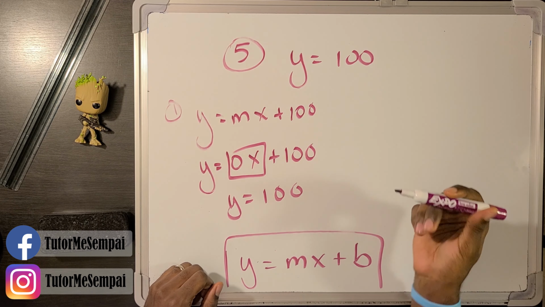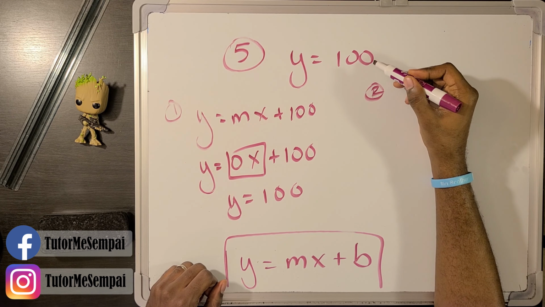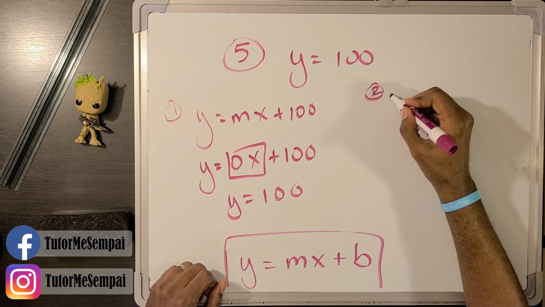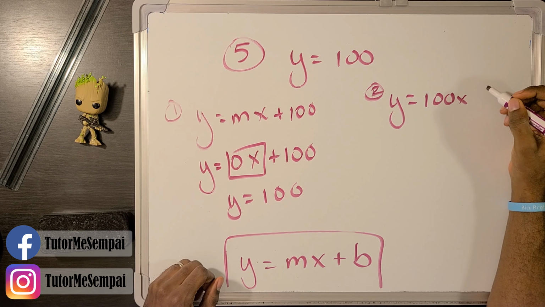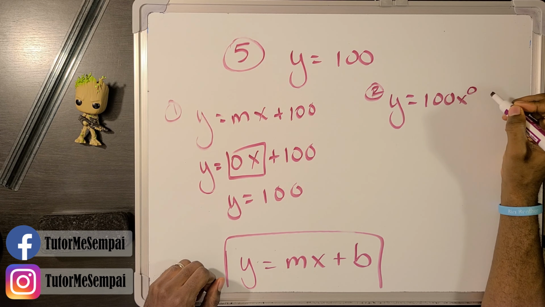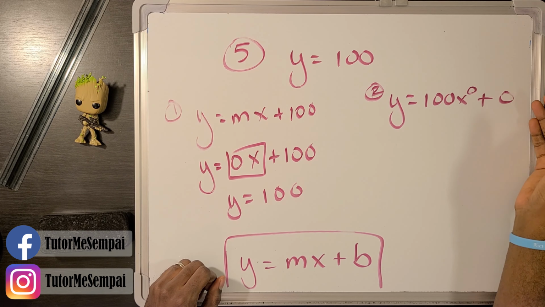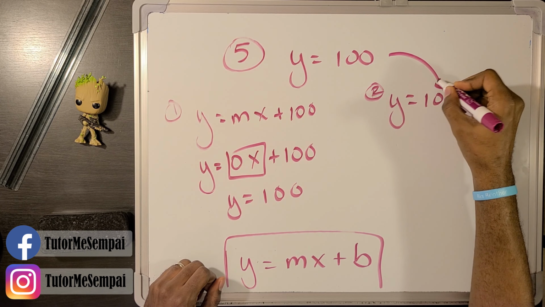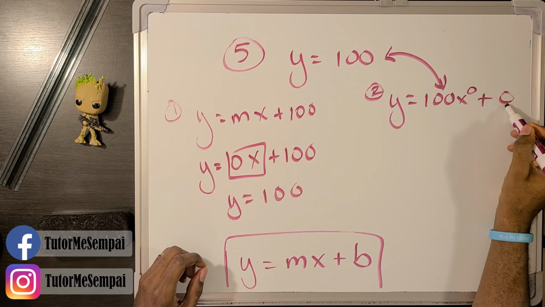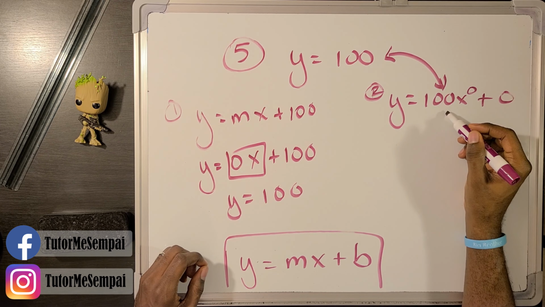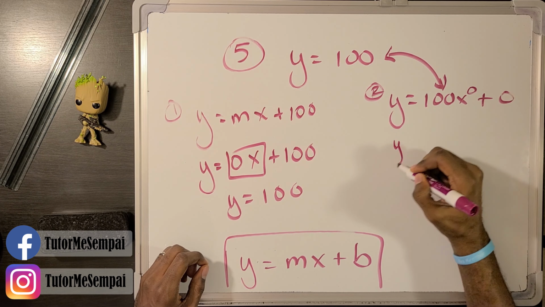However, there's another way we can write this. Let's say instead of having our y-intercept be 100, let's say our slope was 100. So we have 100 and we have an x here, but instead of having a 1 for the exponent, we have a 0. And our actual intercept, let's say, is 0 here. This, although it doesn't technically look like our traditional constant or what we would think our constant would look like, because the y-intercept is 0 here and we have 100 slope, this will technically give us y equals 100.